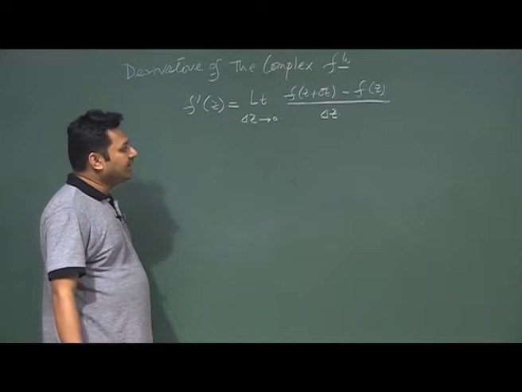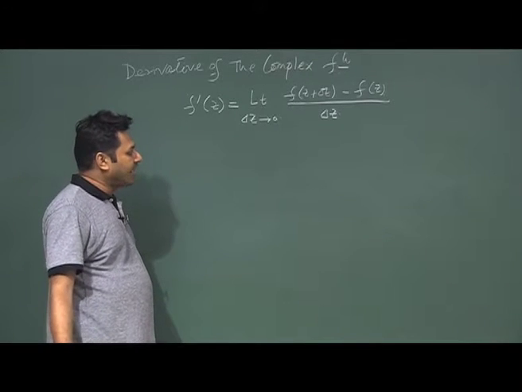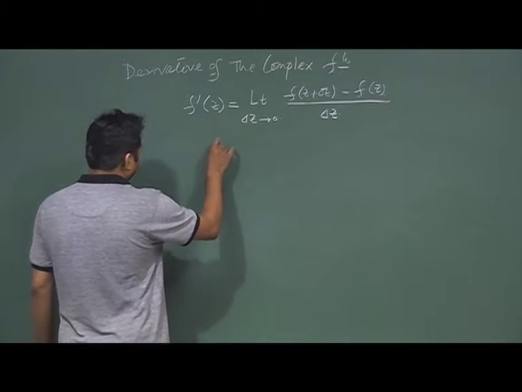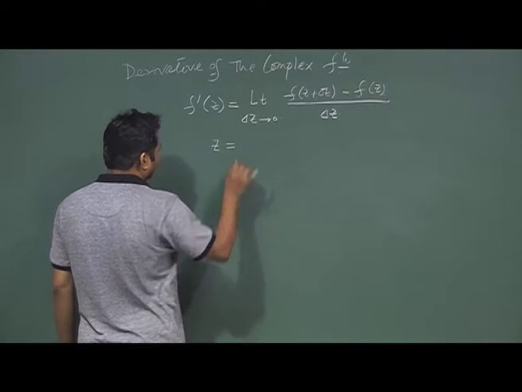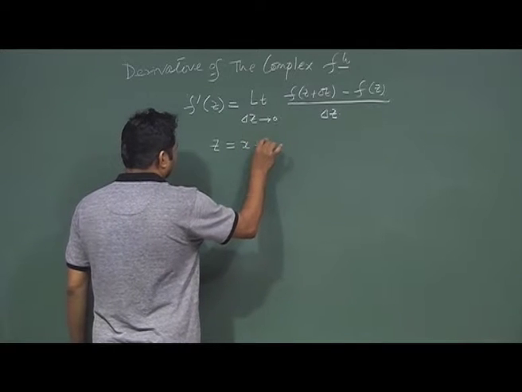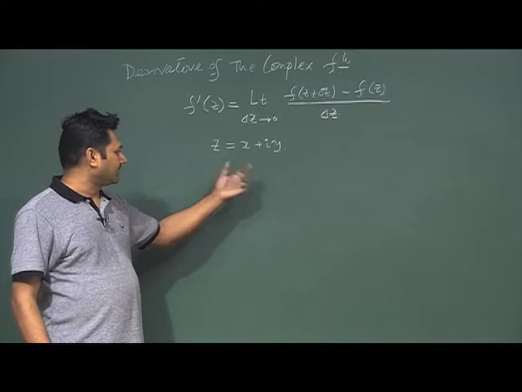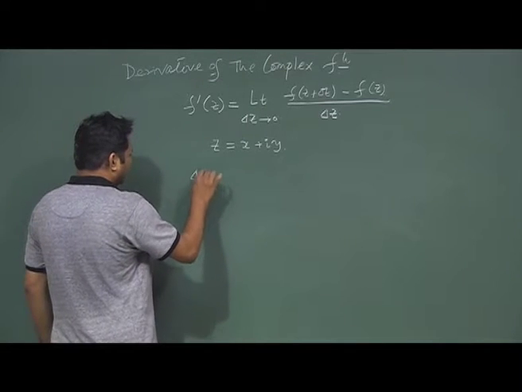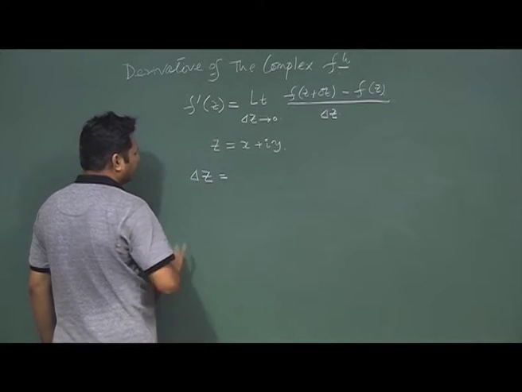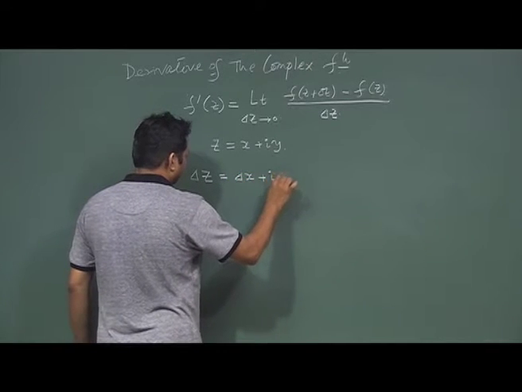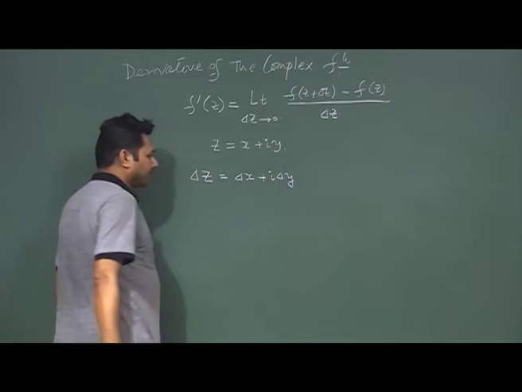Well, here again the same problem arises that we have in case of finding limits and all these things. My z here is x plus iy, and delta z should be delta x plus i delta y.